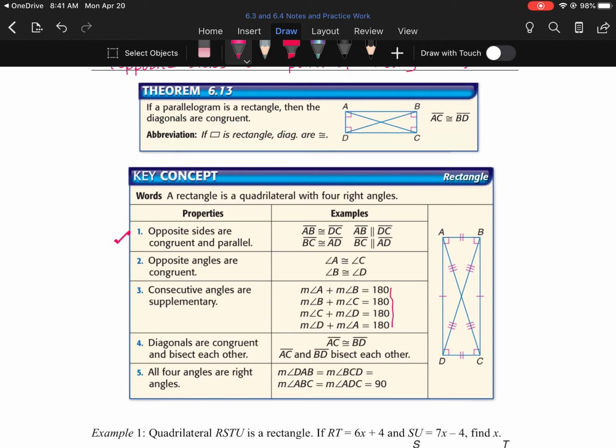So not only are they the same length, all 4 little segments from the point of intersection to each vertex are the same length. And finally, all 4 angles are right angles. So they're all 90 degrees, which makes sense that opposite angles are congruent because they're all 90, and that consecutive angles are supplementary because 90 plus 90 is 180.